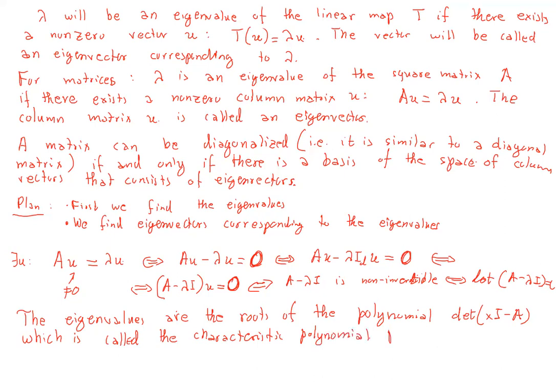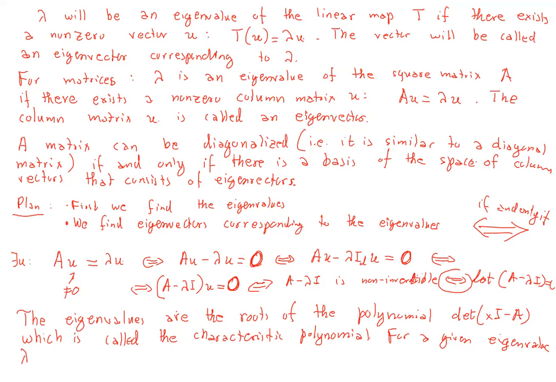For a given eigenvalue lambda, this is the symbol for if and only if. This is the mathematical symbol that means if and only if. Okay.